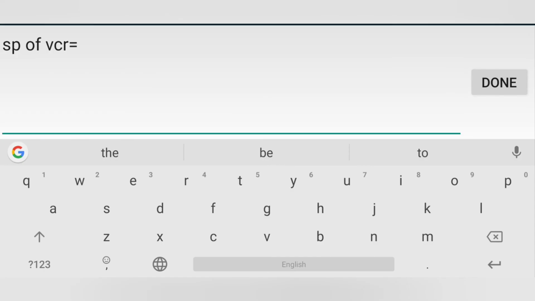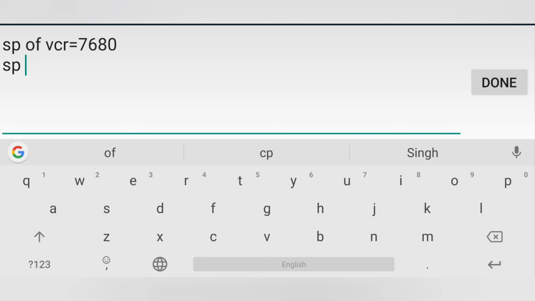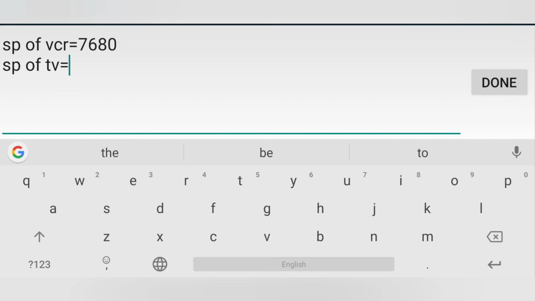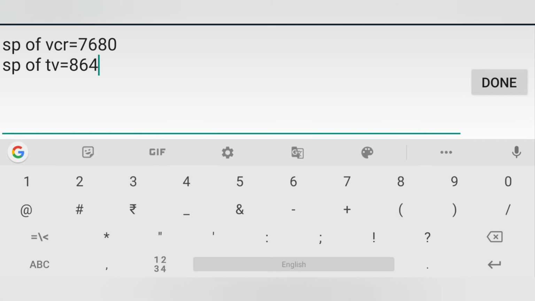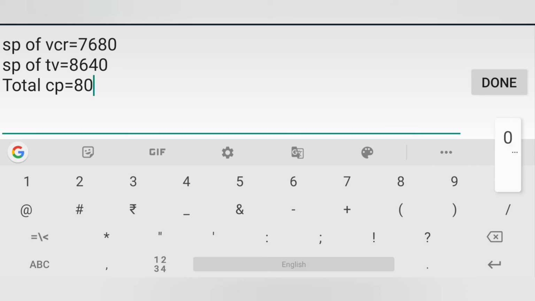So now we have got the SP of VCR as well as SP of TV. So now I'm writing the SP of VCR that we had got earlier, that is 7680, and now I'm writing the SP of TV, that is 8640. So now we have to write total CP and total SP here, because we had to find the gain or loss percent on the whole transaction.